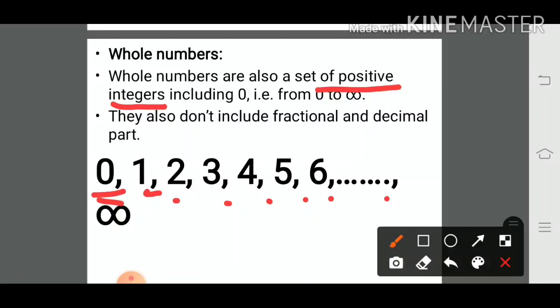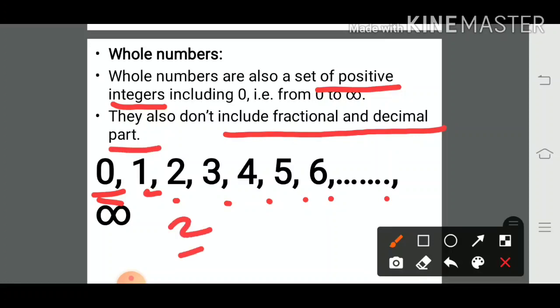Again, whole numbers are a set of positive integers including 0, that is from 0 to infinity, and they do not include fractional or decimal parts.